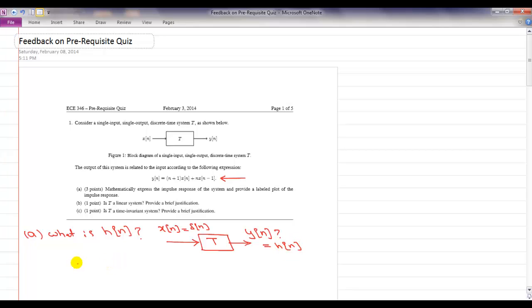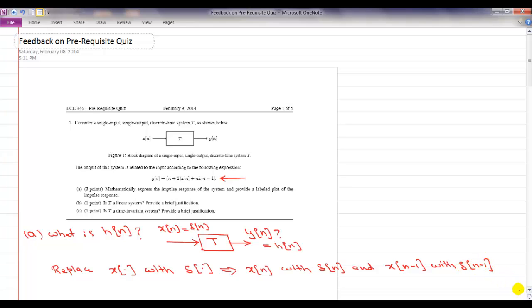So to answer this part, all we have to do is replace the input x with the impulse delta. What this means is we replace x[n] with delta of n, and we replace x of n minus 1 with delta of n minus 1.